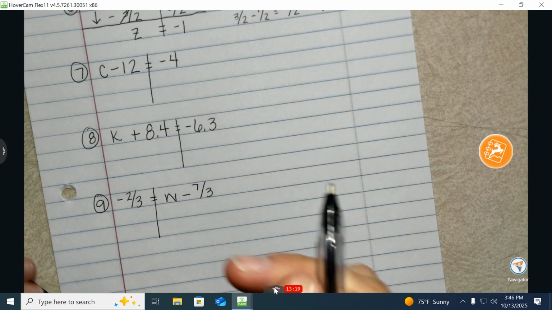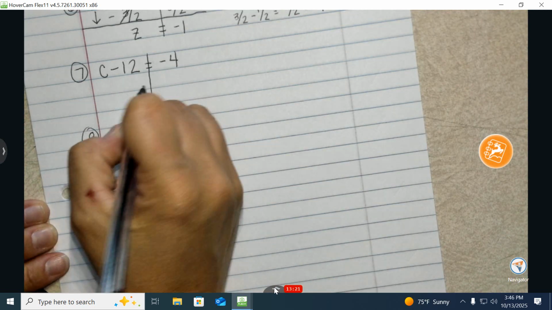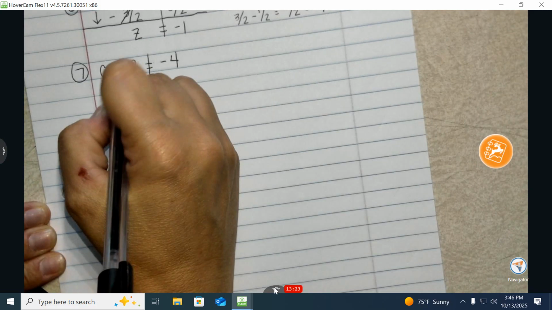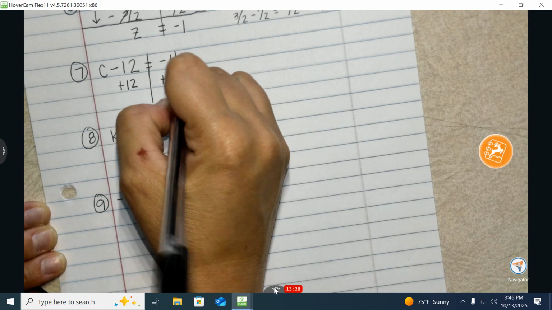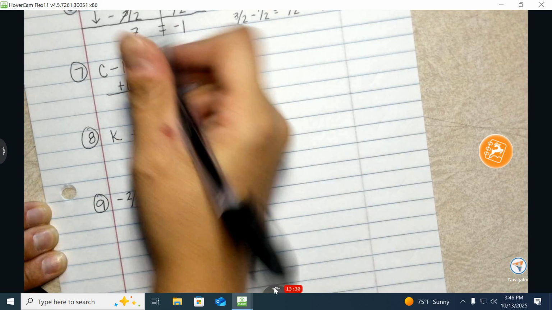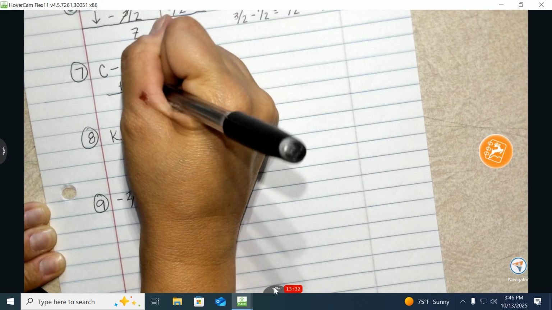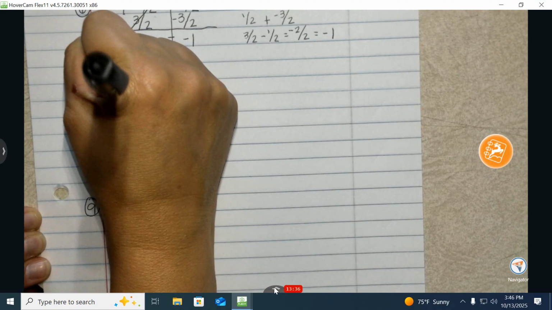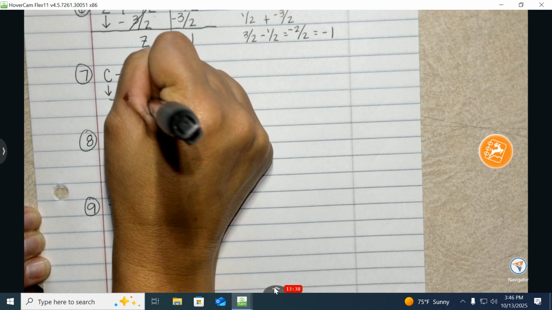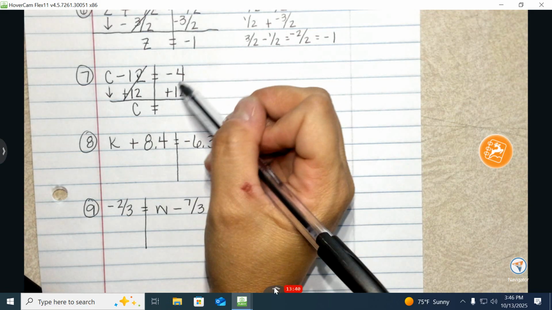Alright, so you should do the inverse of subtracting 12, which is adding 12. You do that on both sides. Negative 12 plus 12 is 0. So you cancel that out. Bring down your C. So you have C equals negative 4 plus 12.